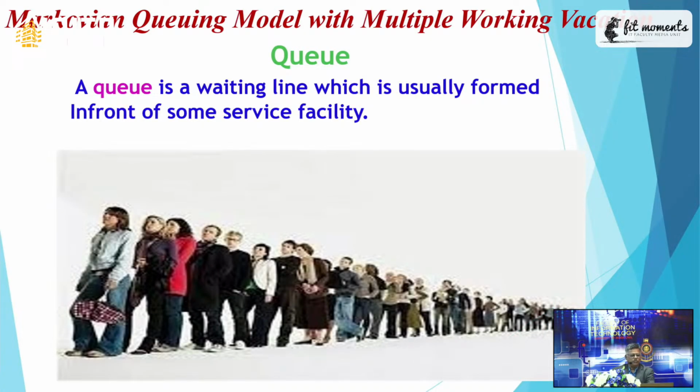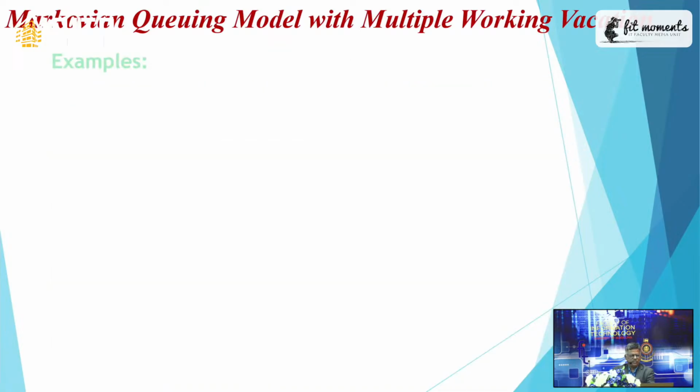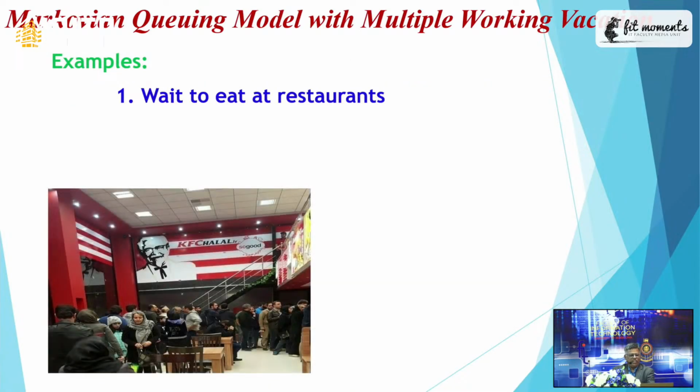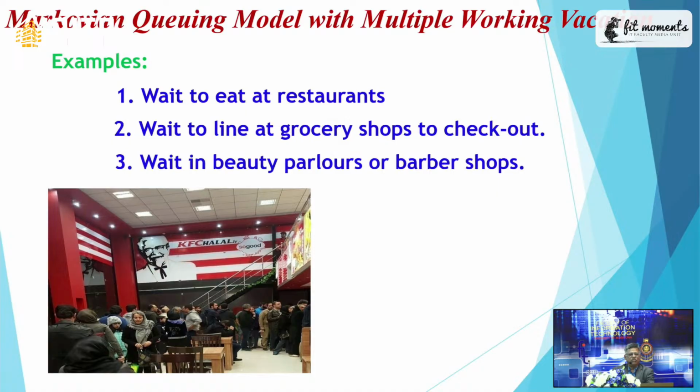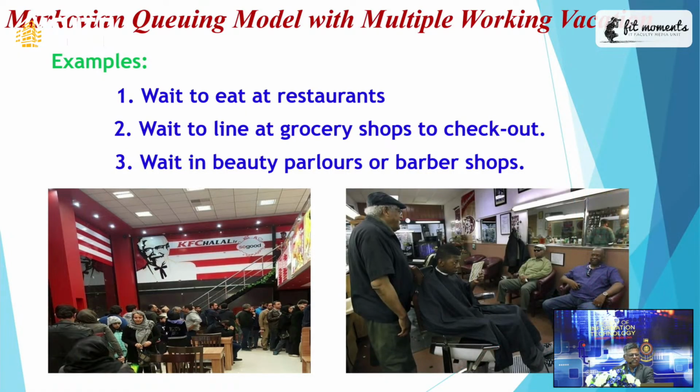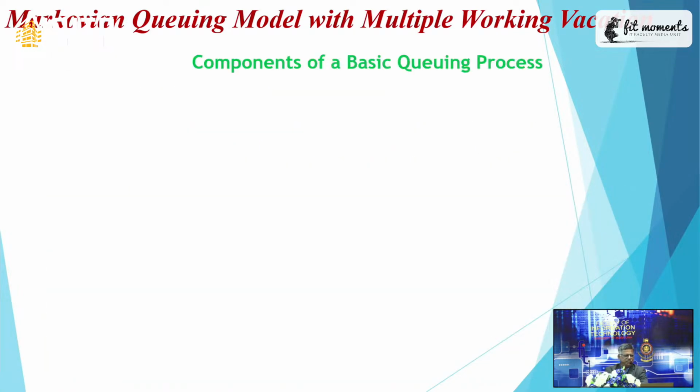A queue is a waiting line which usually forms in front of a service facility; it is called a waiting line or queue. Waiting to eat at a restaurant is a queue. Waiting in line at a grocery shop to check out is also a queue. Waiting in a beauty parlor or barber shop is also a queue.